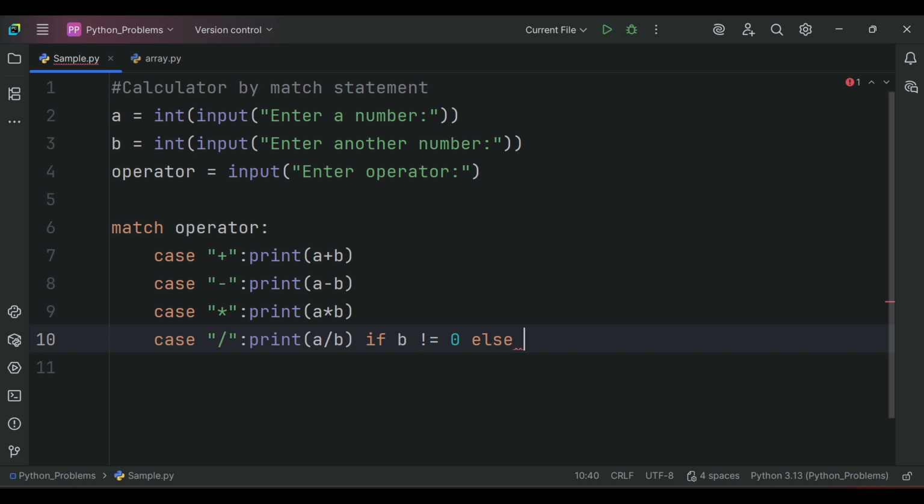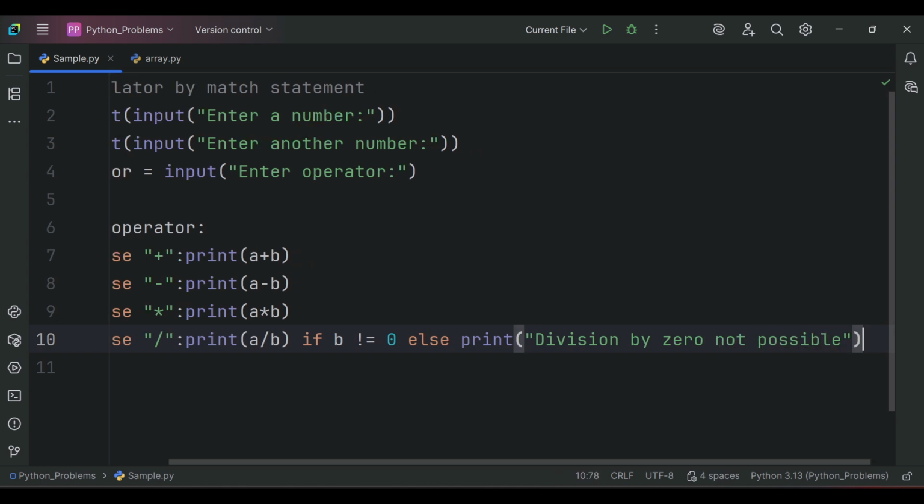Else print, division by 0 is not possible. This is the way of writing by using the division operator.